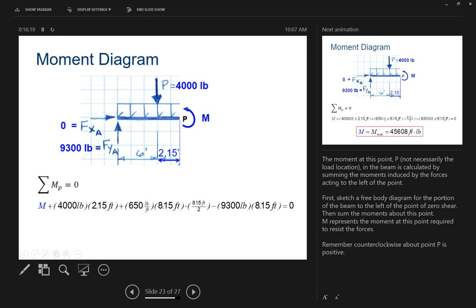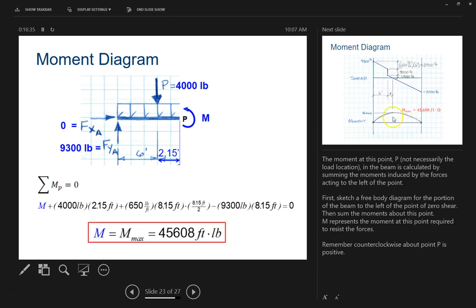So by the time that you either type this into your calculator or actually do the algebra and get the variable that we don't know onto one side and all the rest of the equation onto the other side, what we end up with is a number of that M that we don't know, that moment out here, the twisting force in this direction, in the positive direction this way, to counteract all the rest of the forces that we have on it, is 45,608 foot-pounds of torque, of twisting force.